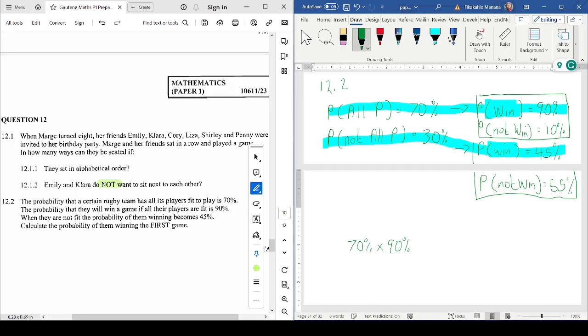And then I need to add this one, plus it's 30% times 45%. Okay, it's a tree diagram. I'm just following the path of them winning. I'm not concerned about them not winning, just winning.